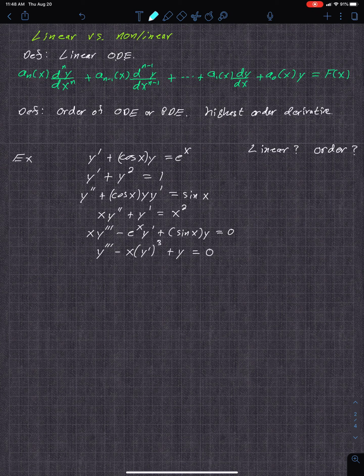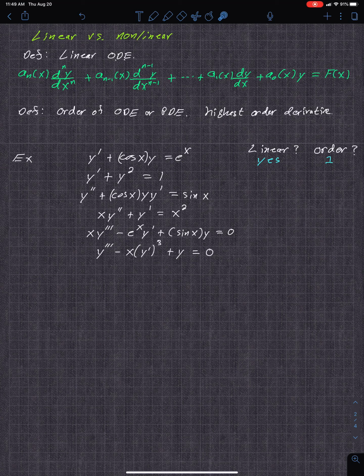All right, so you did pause it, so we're going to continue. The first one: is this one linear? Yes, and the order is 1, because it's that first derivative. It's linear because you have a prime and then a y and then a function.